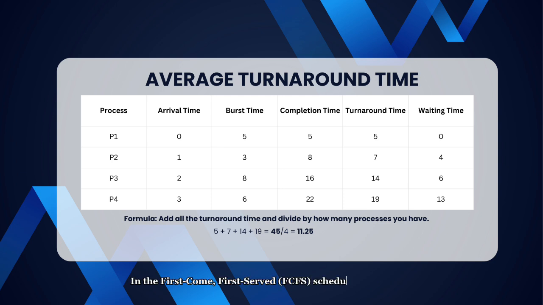In the first come first serve or FCFS scheduling algorithm, turnaround time is the total time a process spends in the system from arrival to completion. To find the average turnaround time, we first calculate the turnaround time for each process using the formula: completion time minus arrival time equals turnaround time. Based on the given data, the turnaround times are as follows. P1 has 5, P2 has 7, P3 has 14, and P4 has 19.